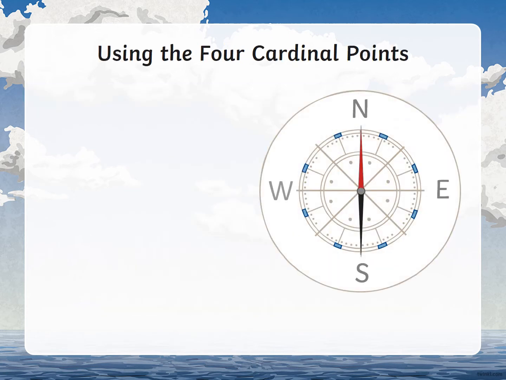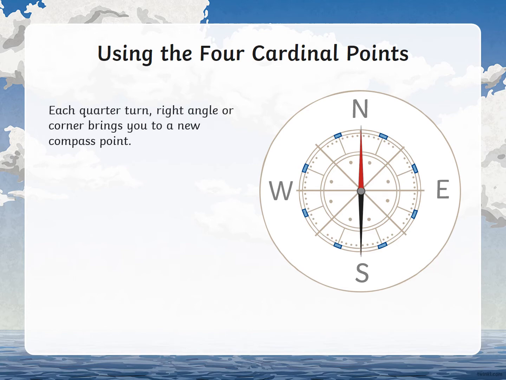Let's go back to our compass. And each quarter turn, and what I mean by that is the fact that you see the compass there and it's divided into 4 equal parts. So when we revise our work on fractions, 4 equal parts is the same as saying quarters.